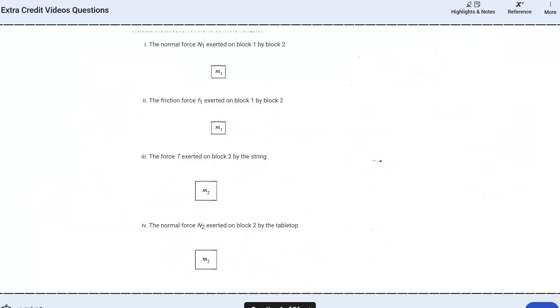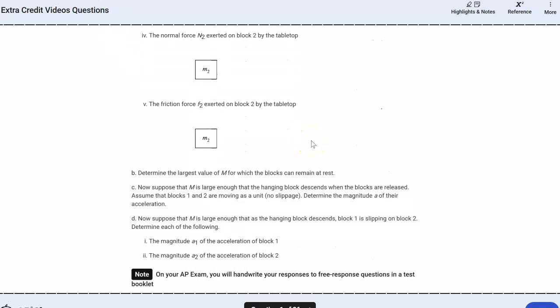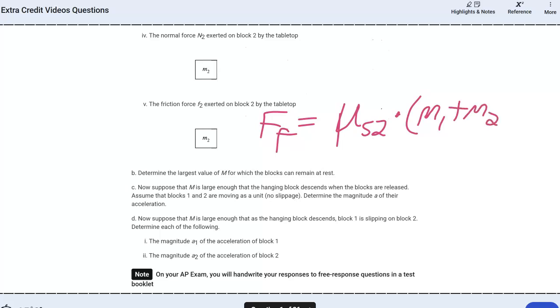And then, if we scroll down, our frictional force is the same as our tension force. So that's just going to be force of friction, mu S times G. Okay, now we can get into the fun stuff.